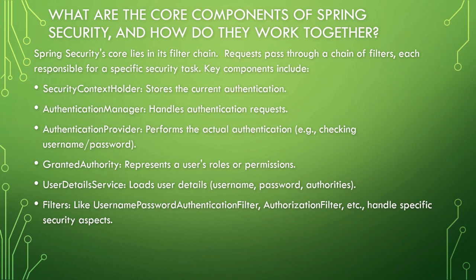GrantedAuthority represents certain user roles or permissions; you will get those details over here. UserDetailsService will load the user related details like username, password, and what kind of authority he has. We already discussed filters like the username password authentication filter and the authorization filter. We can handle certain specific security aspects over here.